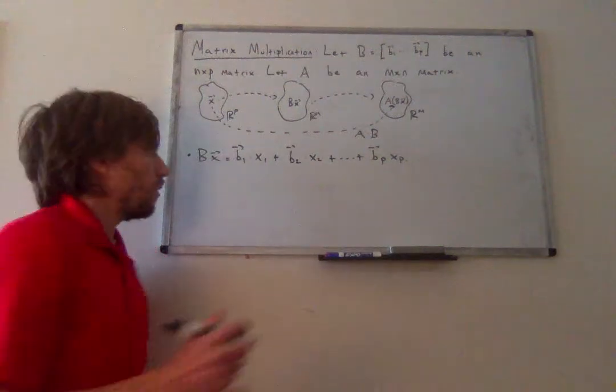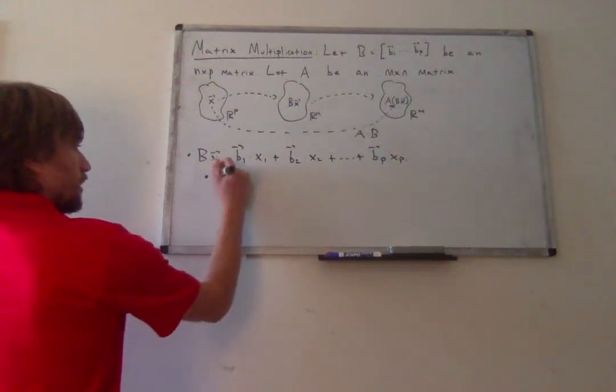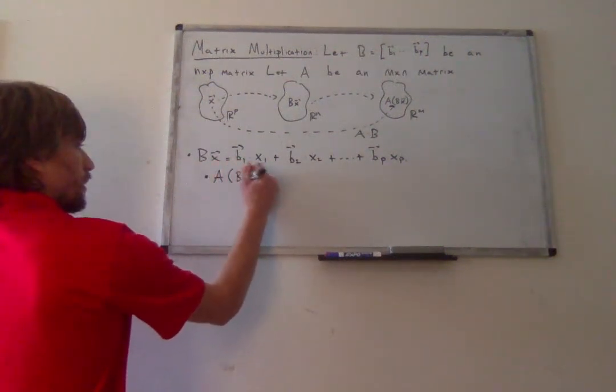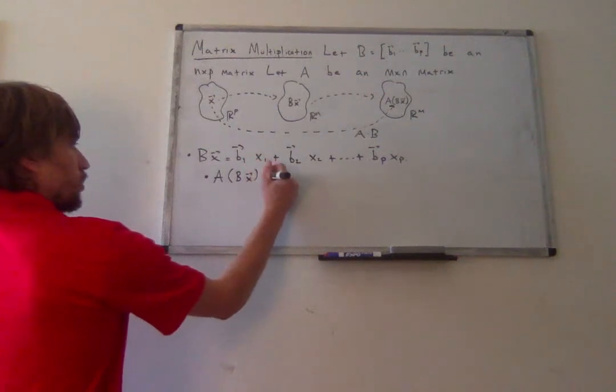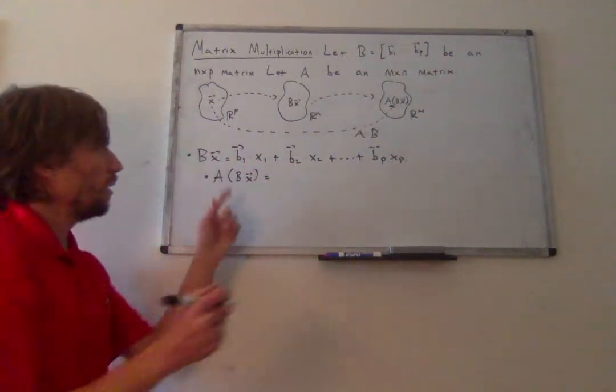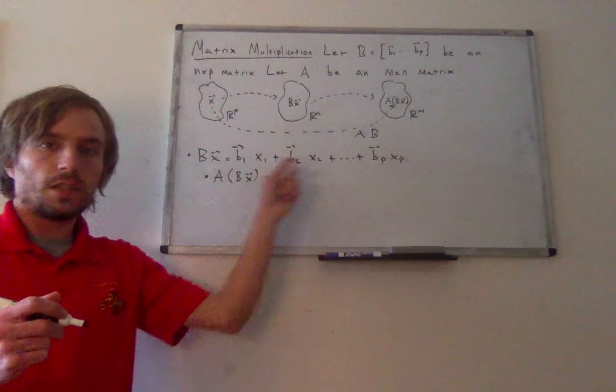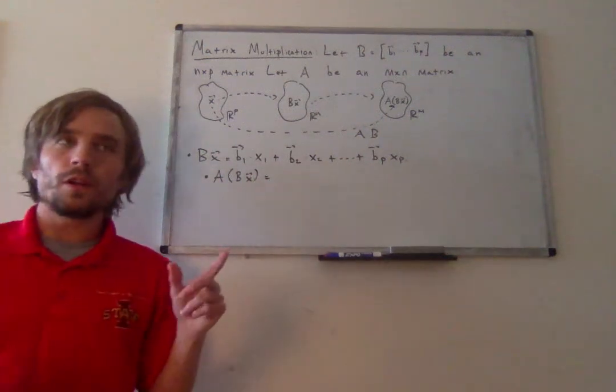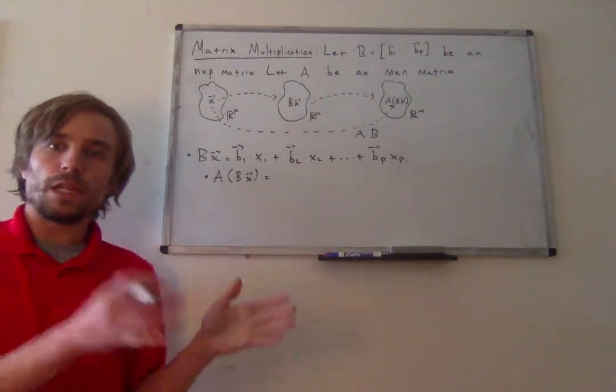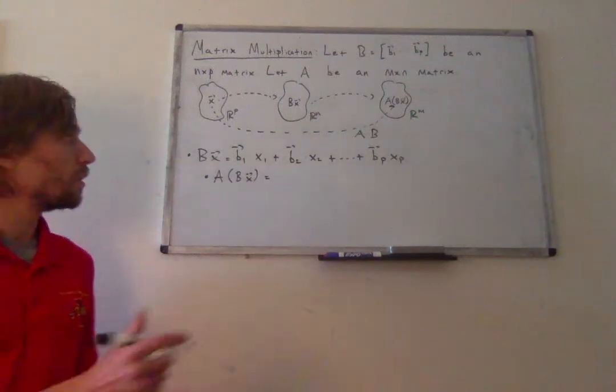Now, A times B times x, calculated in this way, is A times this big sum, but if you'll remember, I can distribute matrices across vector sums.